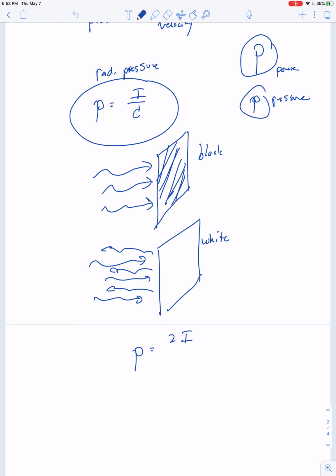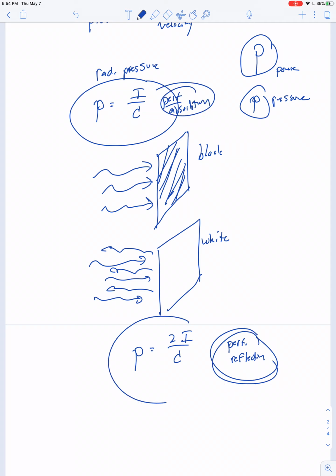Radiation pressure is 2I over c in the case of perfect reflection. So we've got an equation for perfect absorption versus perfect reflection. In both cases, it has to do with intensity and speed of light.